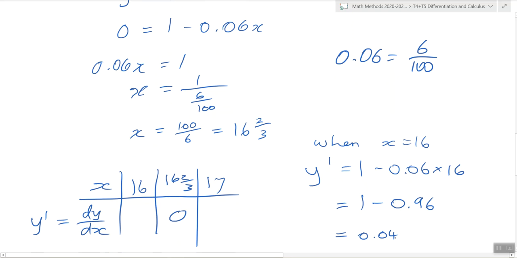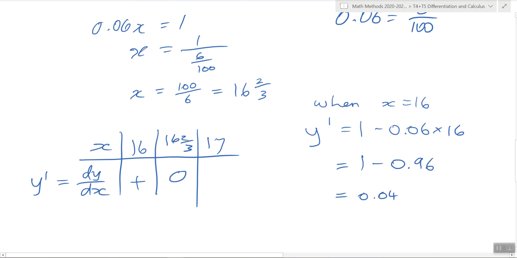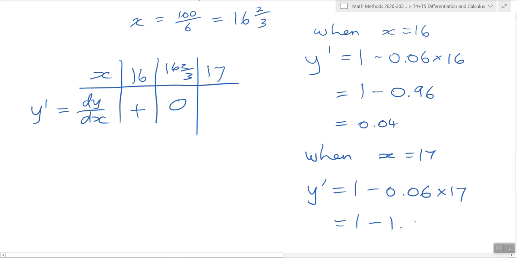Our gradient at x equals 16, is it positive or negative? Positive. It's positive 0.04. All right, let's try when x is 17. Yep. So the answer is negative 0.02 for the gradient there.